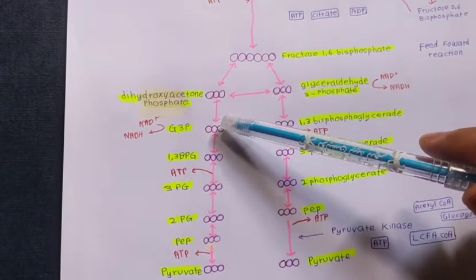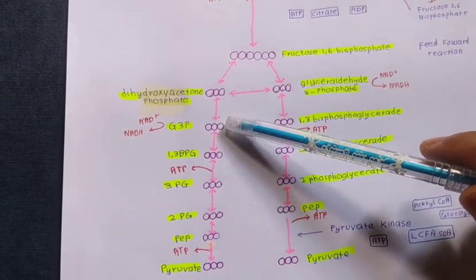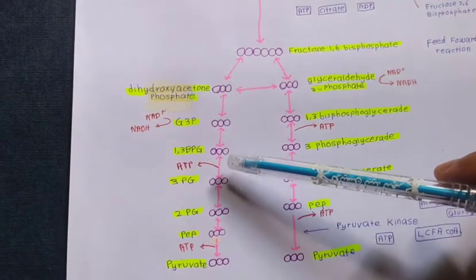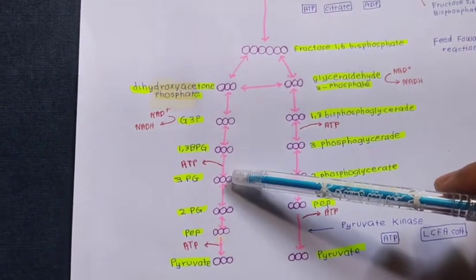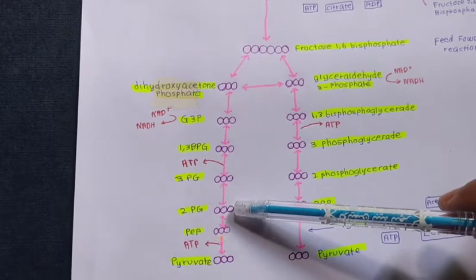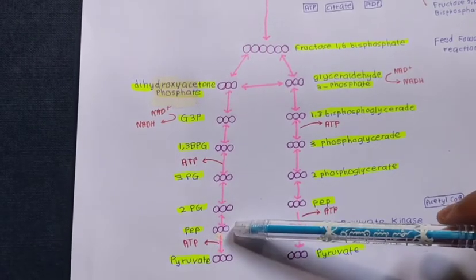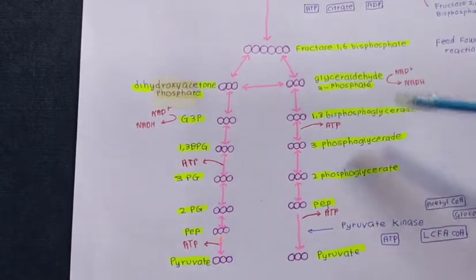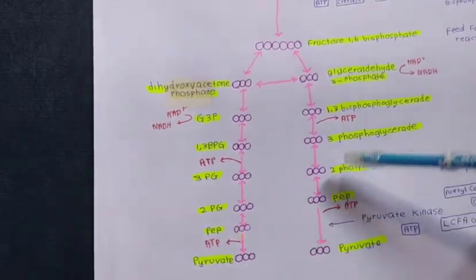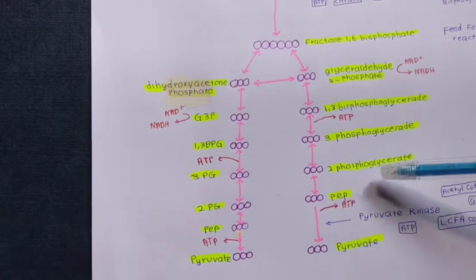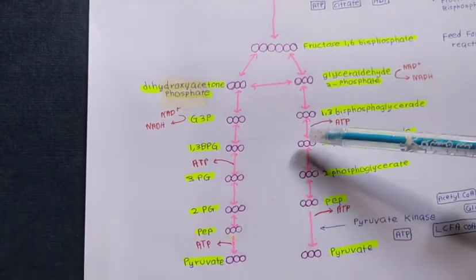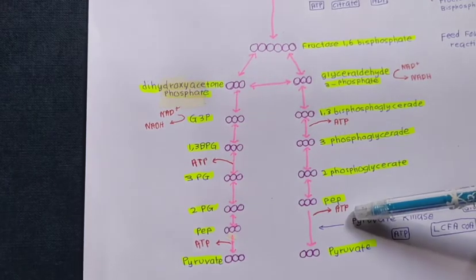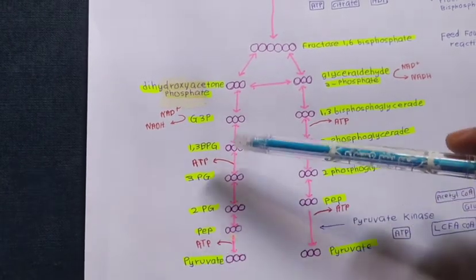So glyceraldehyde 3-phosphate converts into 1,3 bisphosphoglycerate, and then 3-phosphoglycerate, and then 2-phosphoglycerate, and then PEP, and finally pyruvate, same as this step. So this process here makes 4 ATP, that is this one, this one, this one, and this one.